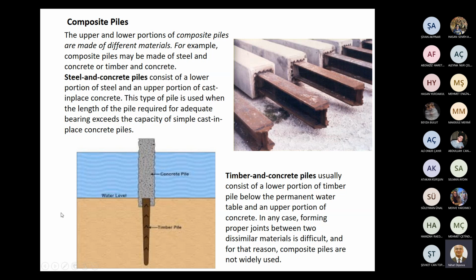Steel and concrete piles consist of a lower portion of steel and upper portion of cast-in-place concrete. This type of pile is used when the length of the pile required for adequate bearing exceeds the capacity of simple cast-in-place concrete piles.